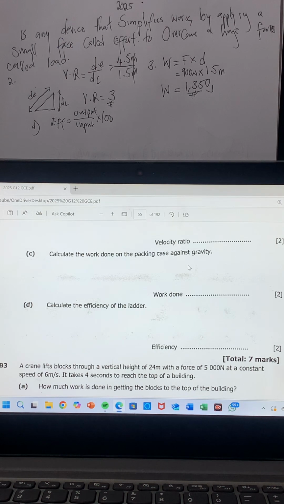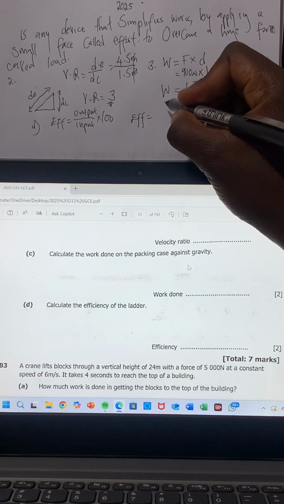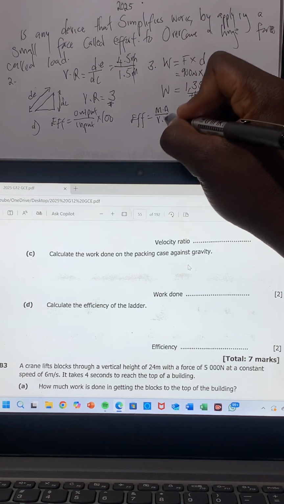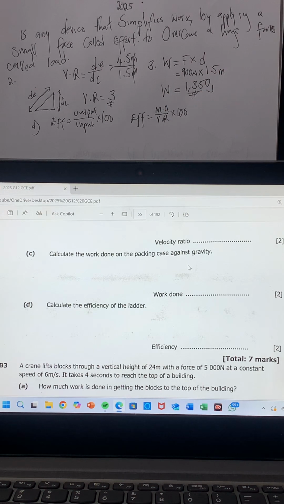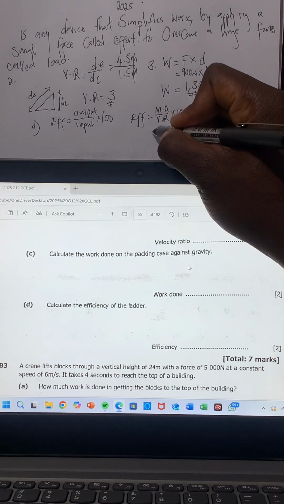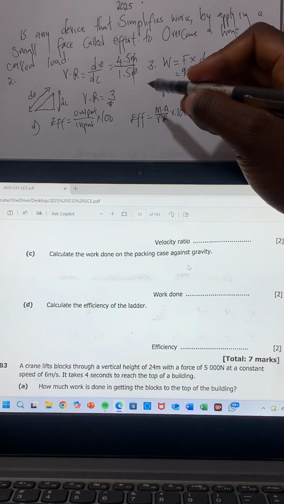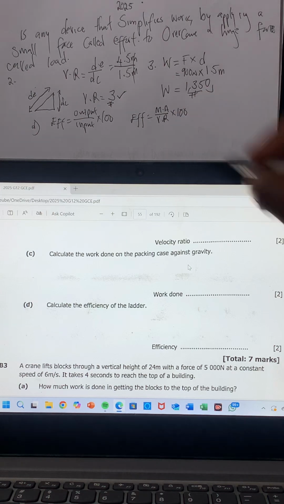In our case, to find the efficiency of a simple machine, the output is mechanical advantage and the input is velocity ratio, times 100. Are you getting that? So let's find it. For velocity ratio, we have the one that we found at first, 3.